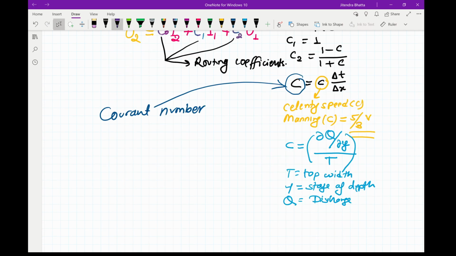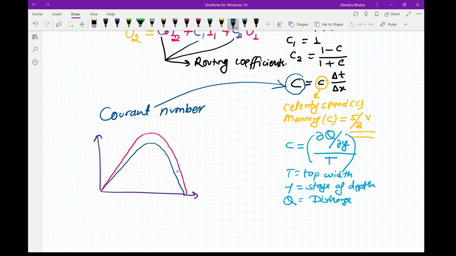Now we solve the problem using Courant number 1. Then, if this was the inflow, you may get something like this for C equals 1, where you'll have some error, which is the diffusion error. And let's say if you use C greater than 1, you may get a curve that may look something like this.